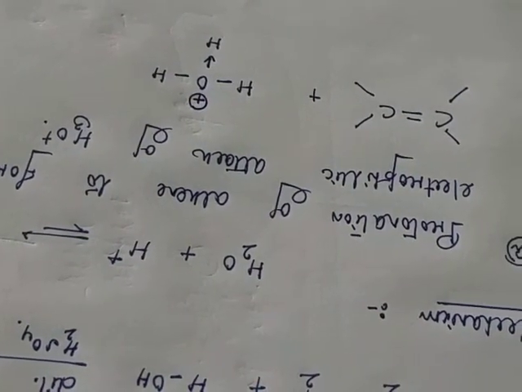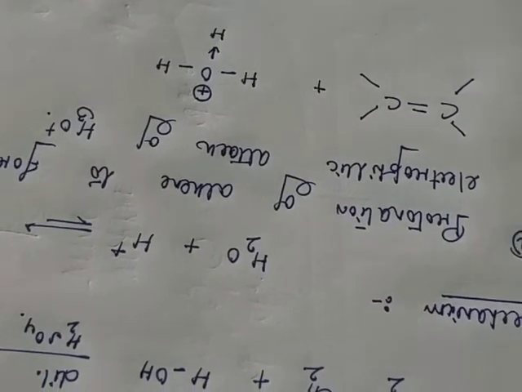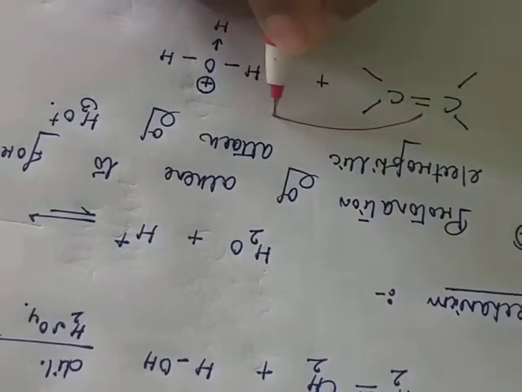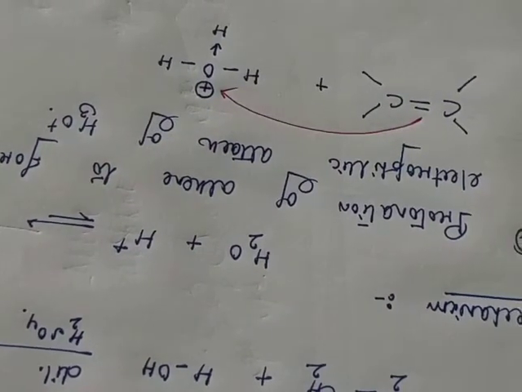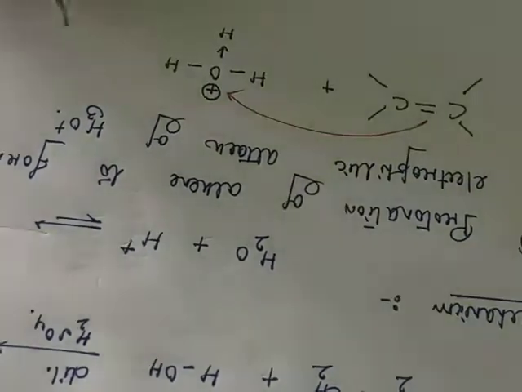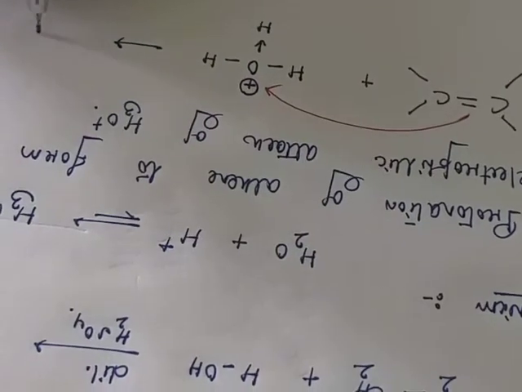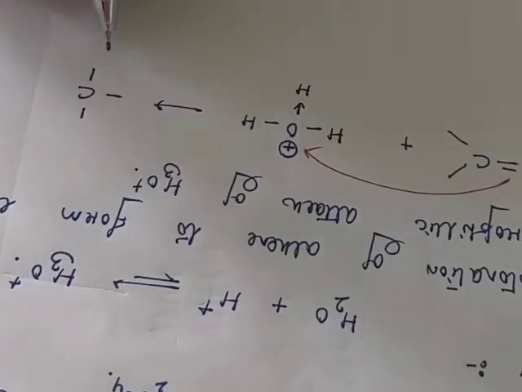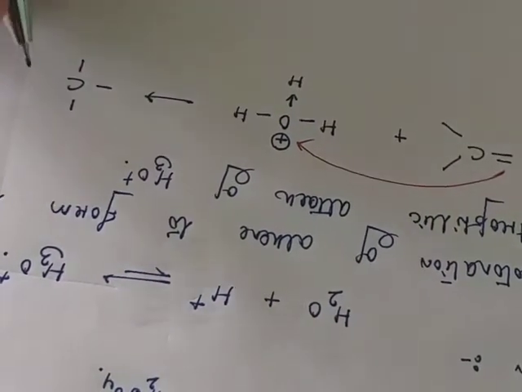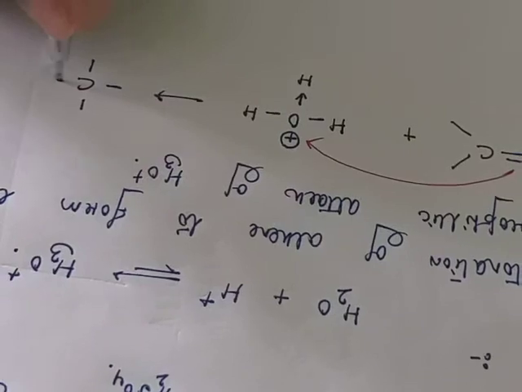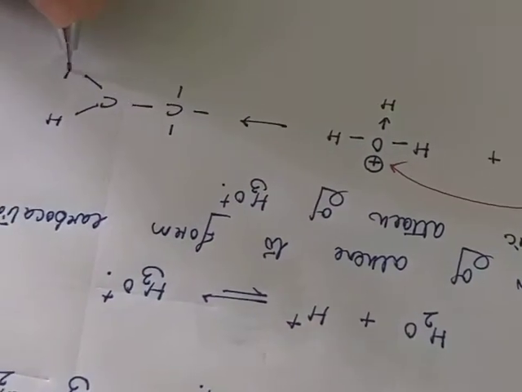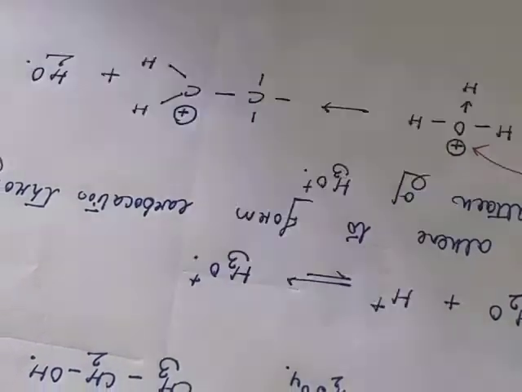So what happens is that this positive charge is taken up by the pi electron cloud, and water will be coming out.